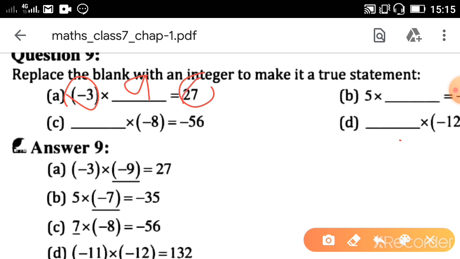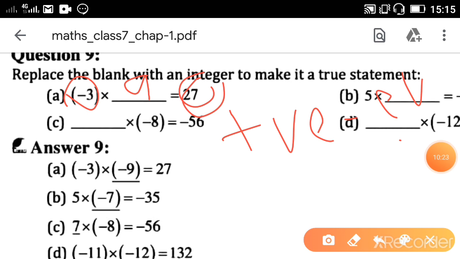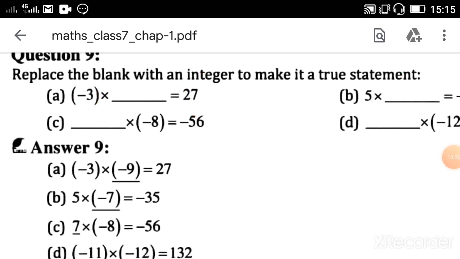If you want to get a positive answer after the multiplication, then what is the condition? If there are negative integers, how many times? An even number of times, then after the multiplication you will get a positive answer. Okay, let me write again.